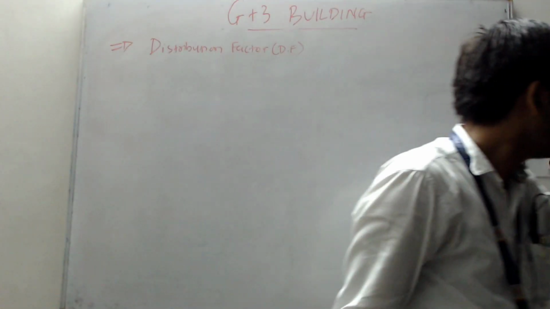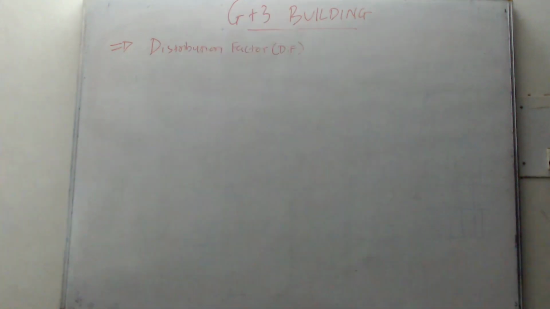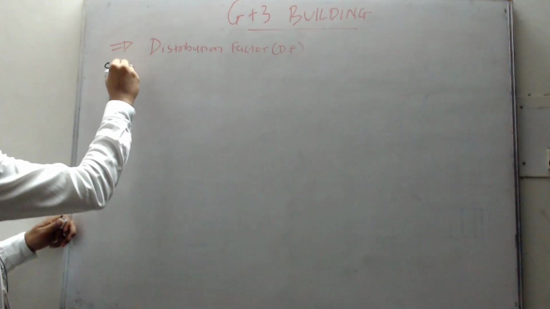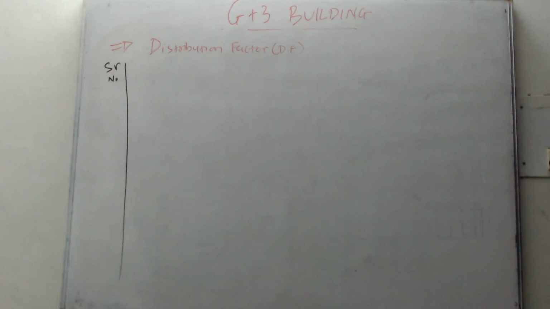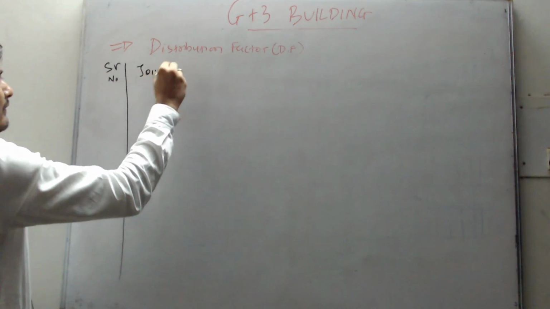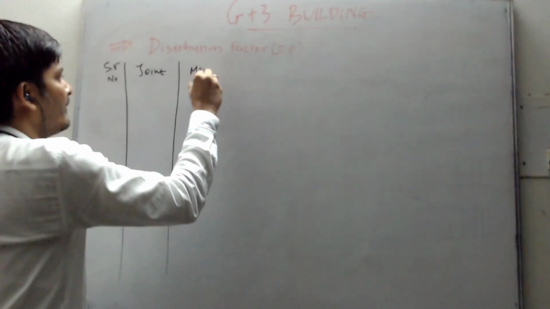So for that we need to draw a table, right? So first column is serial number. After serial number we require joint. After joint we require members attaching that joint, right?